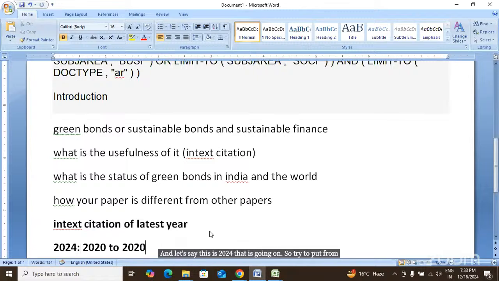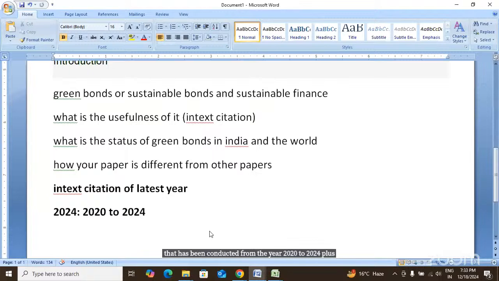I'm not saying that you do not put the previous citations, but most of the citations in your paper should be from studies that have been conducted from the year 2020 to 2024, plus from a good and reputed journal.